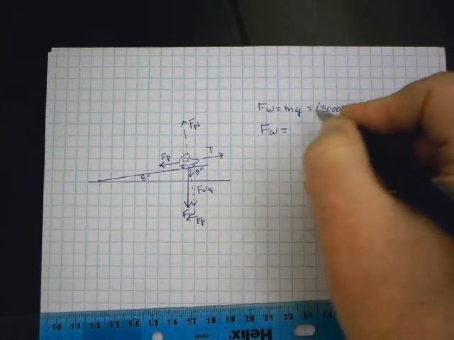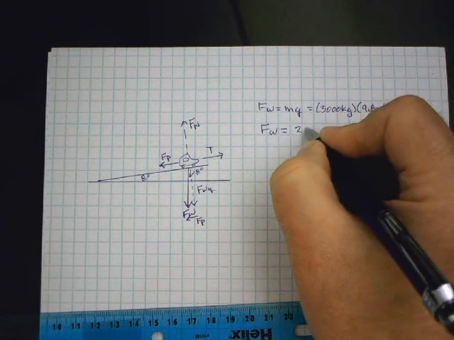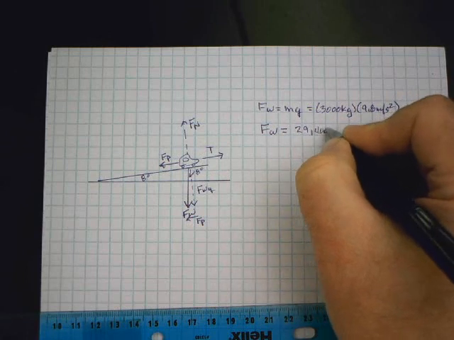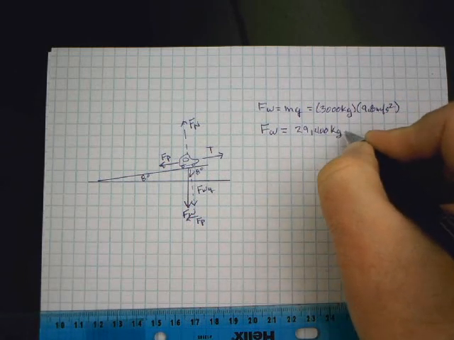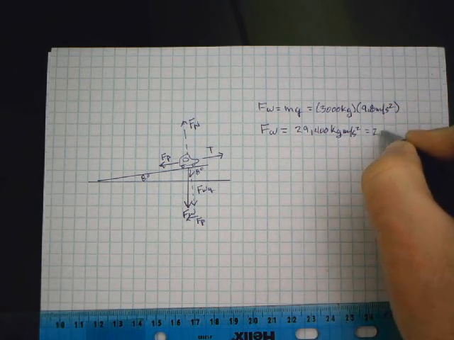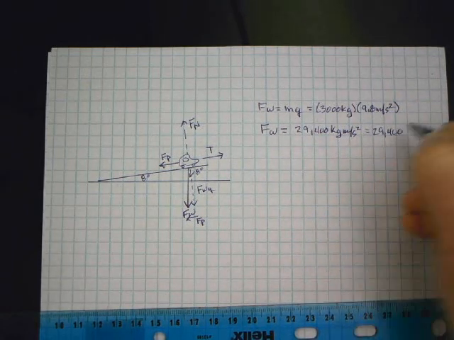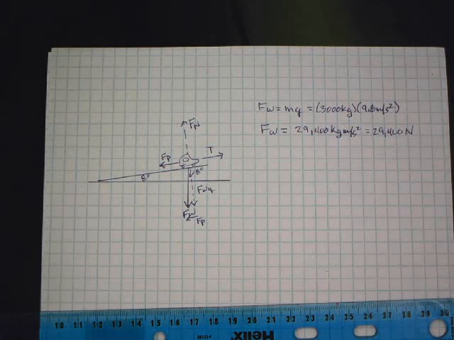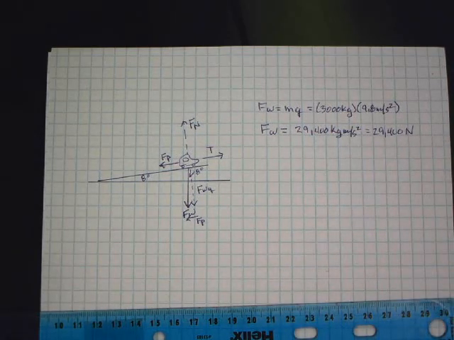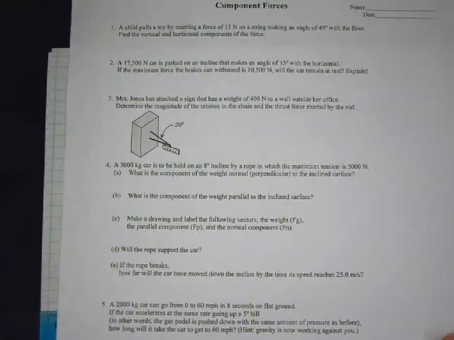So FW is 29,400 kilogram meters per second squared, which is what a newton is. A kilogram meter per second squared is called a newton, which is the measure for force. So that's the first part.